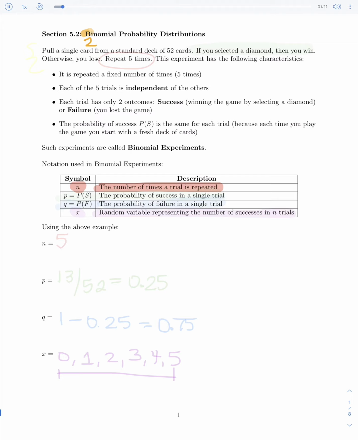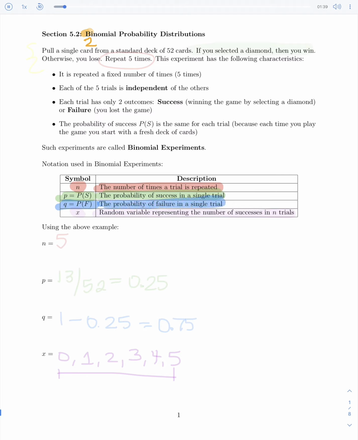P is going to be your probability of success or winning or getting something right. Q, on the other hand, is going to be the reverse. It's the opposite, the probability of failing or losing.